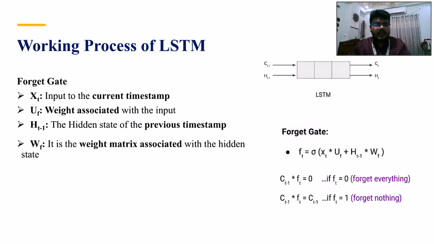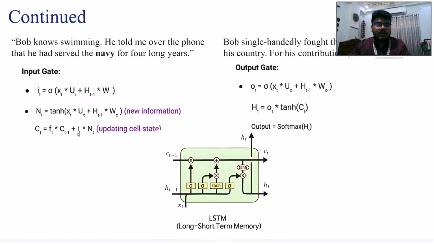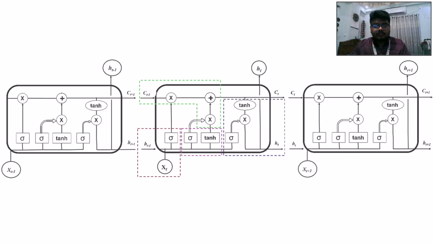For the forget gate, xt is the input at the current timestamp, ht minus 1 is the hidden state of the previous timestamp, and Wf is the weight matrix associated with the hidden state. Here is the basic concept of how LSTM works, and this is the main architecture.